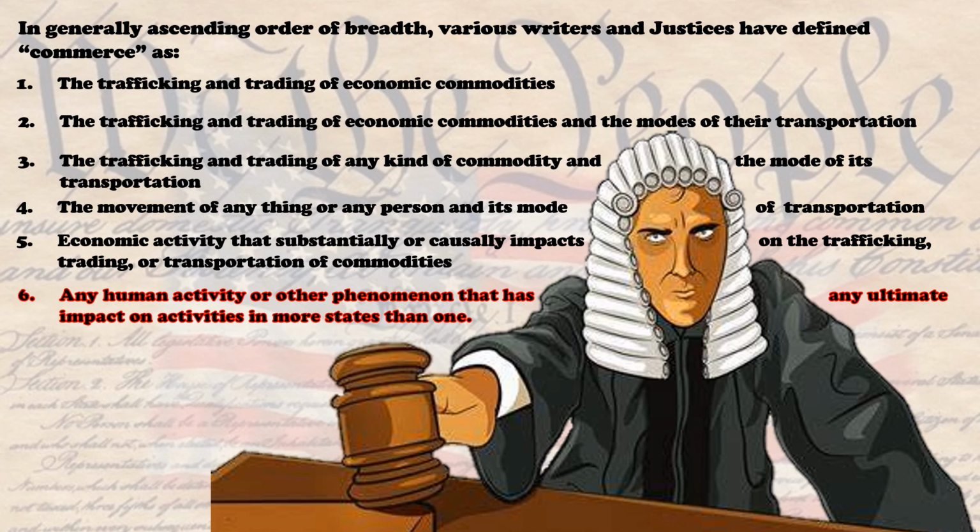So in growing and consuming her own tomatoes, she's impacting activities in more than one state. That's basically what the Commerce Clause grants the federal government the power to do.